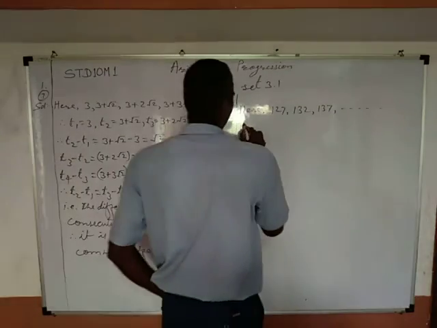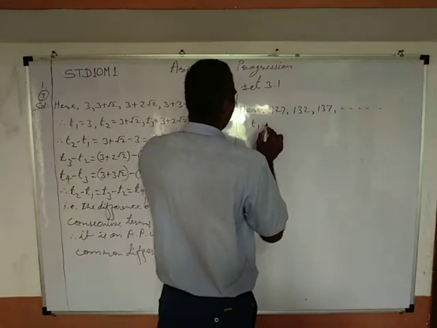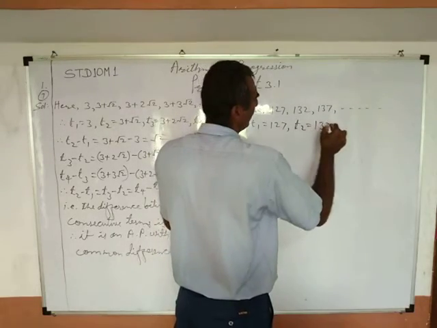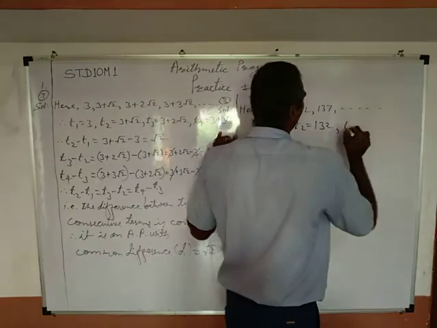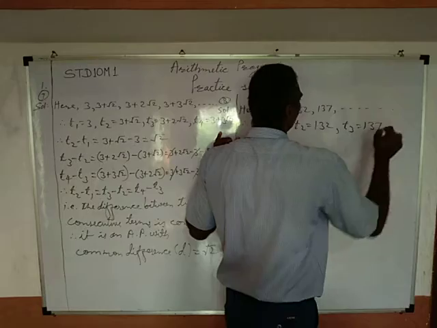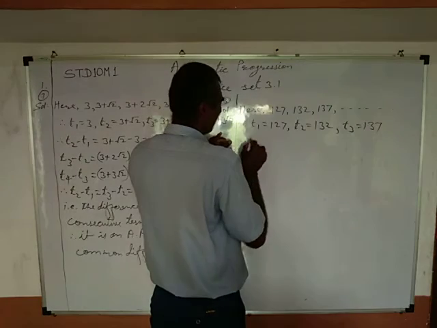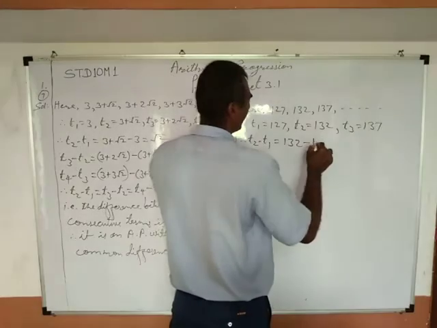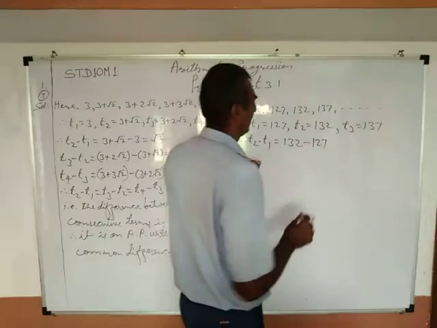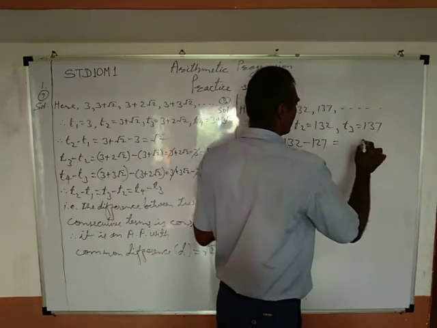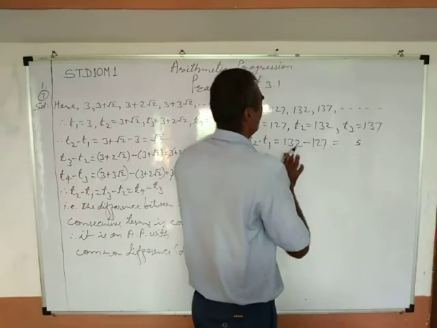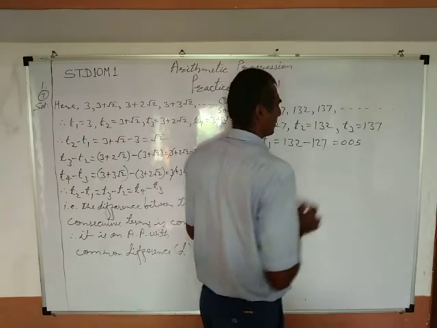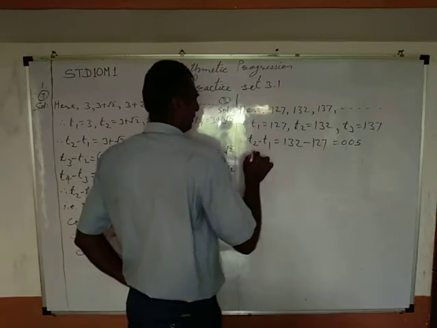Therefore T1 equals 127, T2 equals 132, T3 equals 137, and therefore T2 minus T1 equals 132 minus 127. 12 minus 7 gives us 5, 2 minus 2 gives us 0, 1 minus 1 gives us 0.